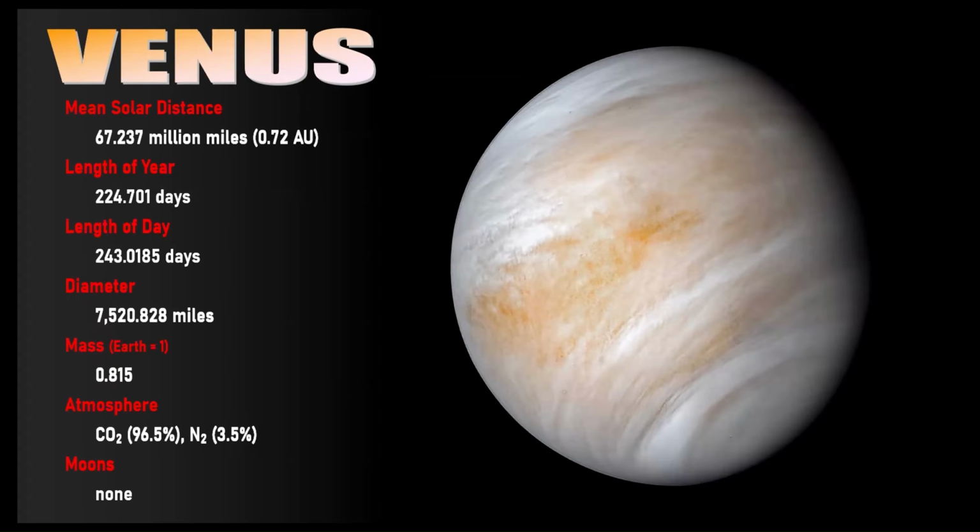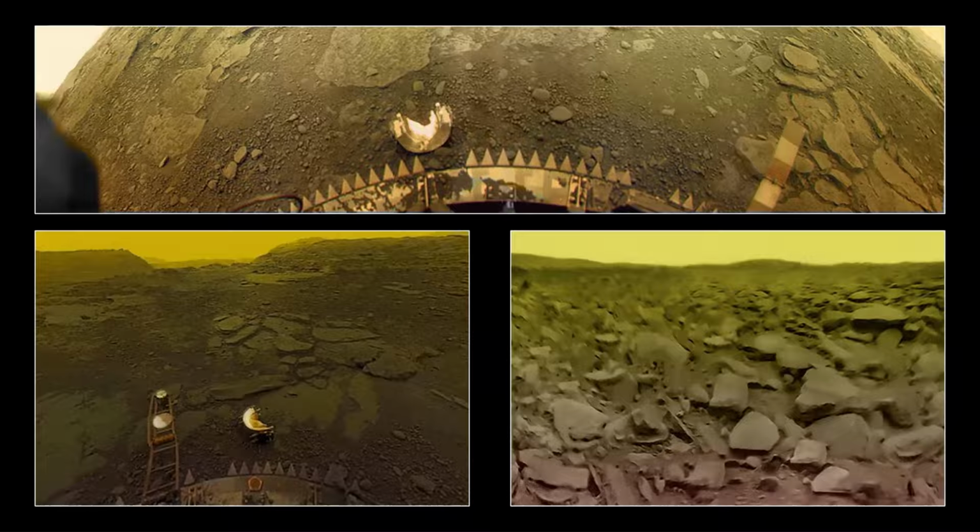So because of the carbon dioxide, the surface of Venus is 880 degrees Fahrenheit or 472 degrees Celsius. It has the hottest surface in the solar system. The atmosphere is 50 times denser than Earth's. The atmospheric pressure at the surface is 90 times that of Earth.